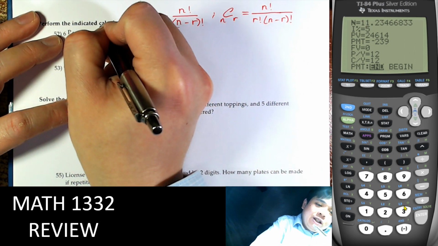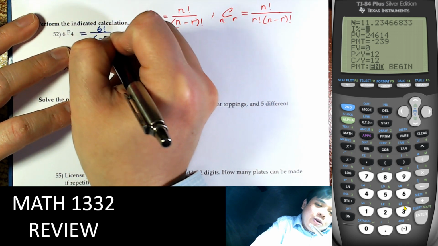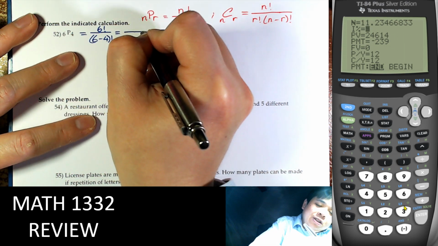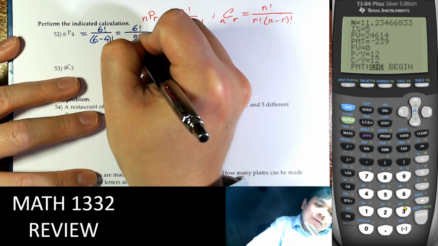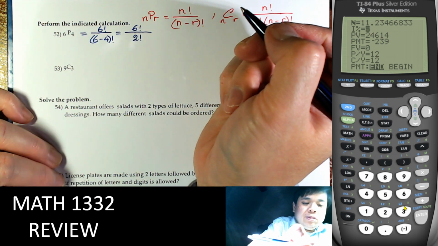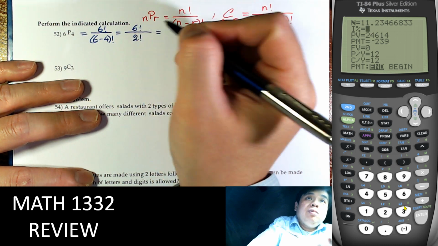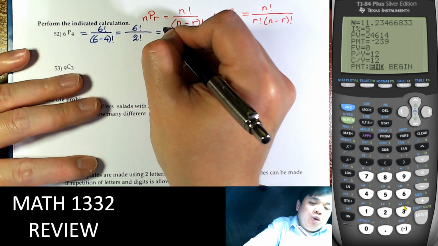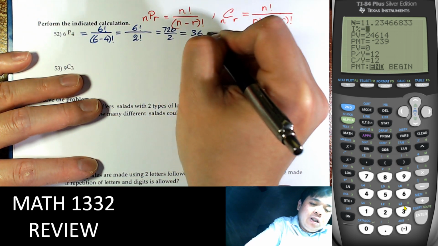N factorial is 6, and then 6 minus 4 factorial. Right, 6 factorial is, if we put in a calculator, 720 divided by 2, so 360.